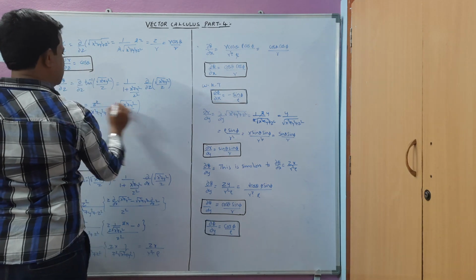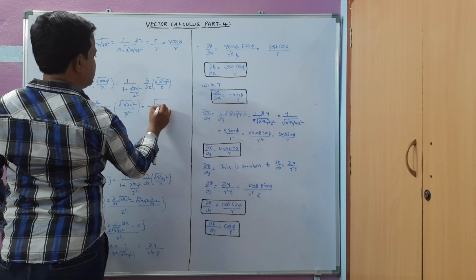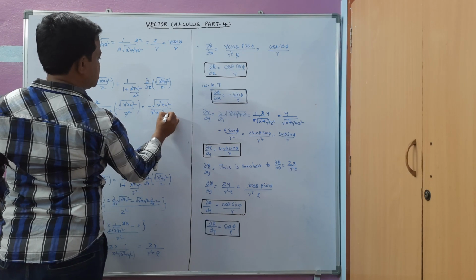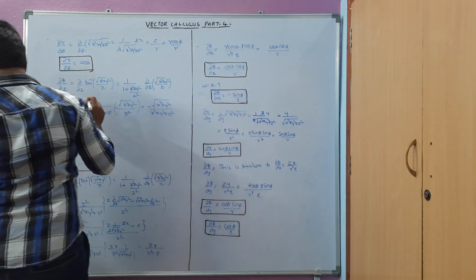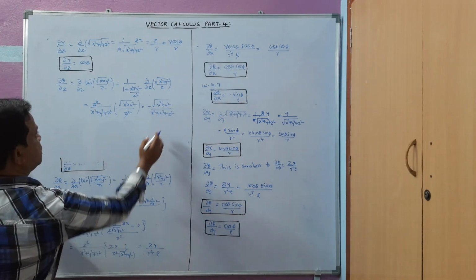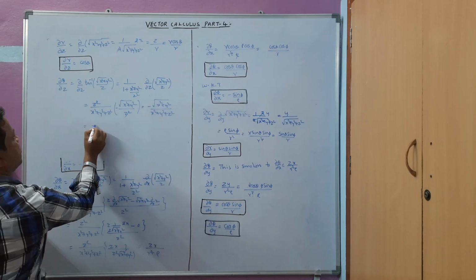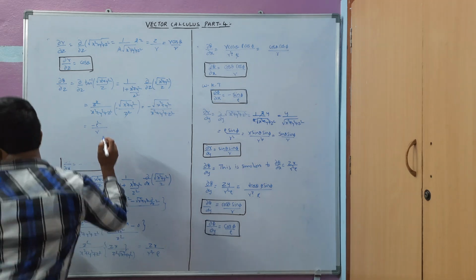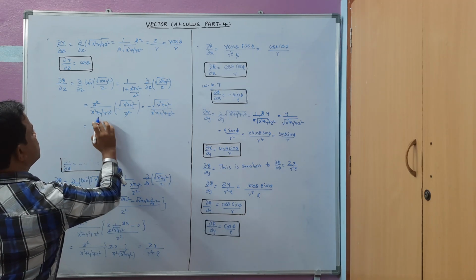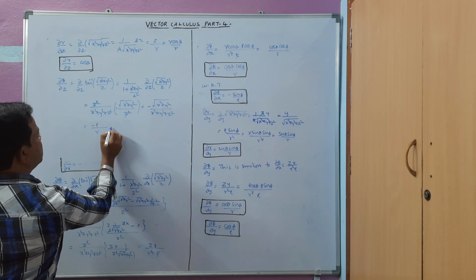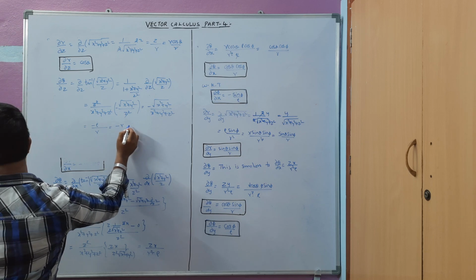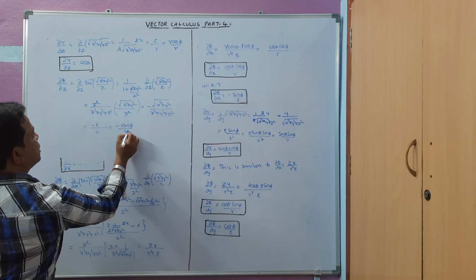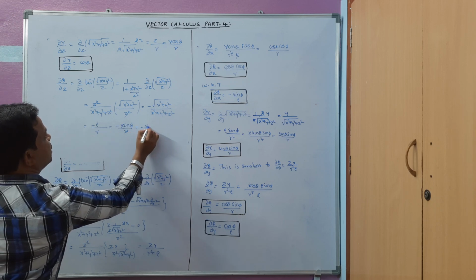So this one will get cancelled, and I get minus square root of x squared plus y squared by x squared plus y squared plus z squared. So this will be minus rho by r. Minus rho means r sin theta, so we get r sin theta by r. I can cancel the r, and that is minus sin theta.